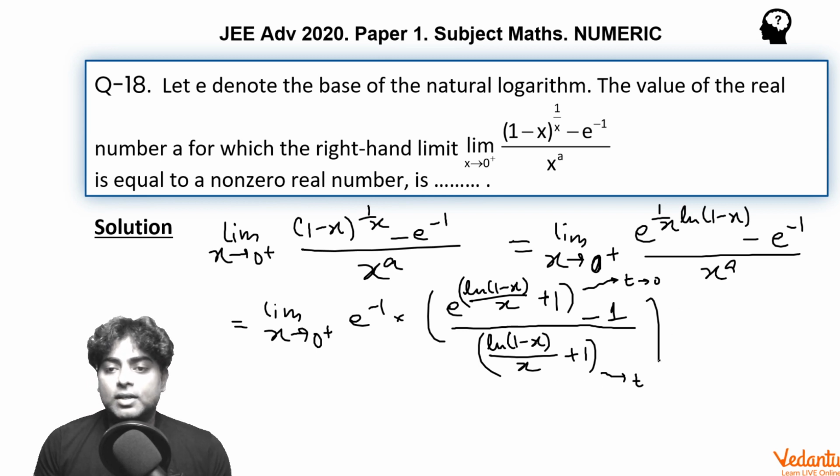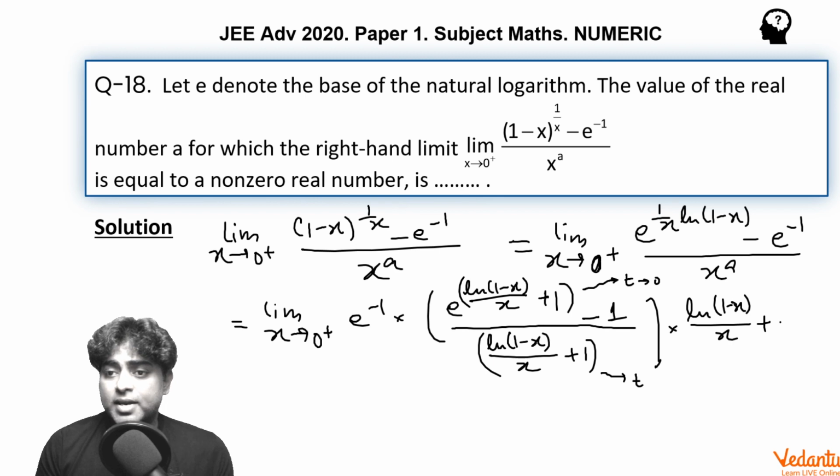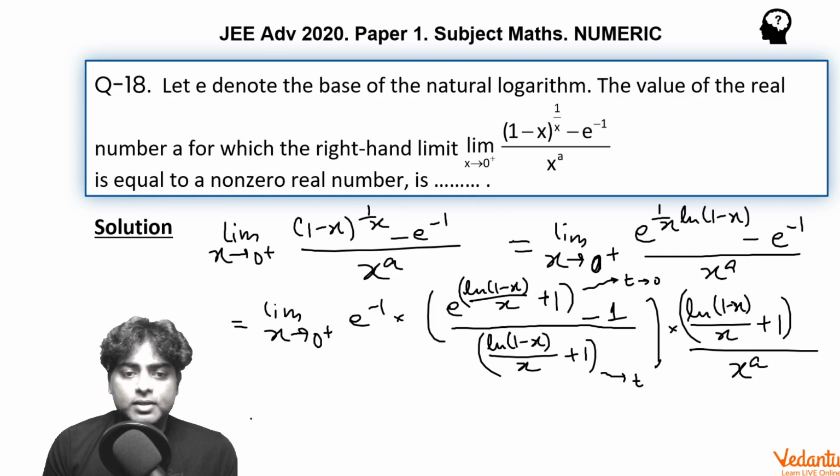Further, completing the question, we are left with ln 1. Actually, I have multiplied and divided basically with ln(1 minus x) by x plus 1 in order to make the question easy, in order to make standard format.